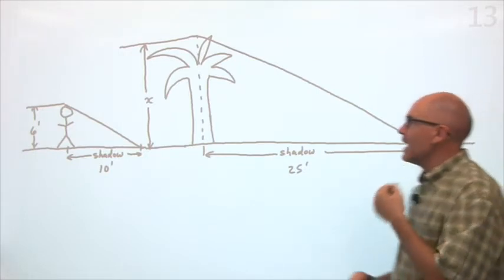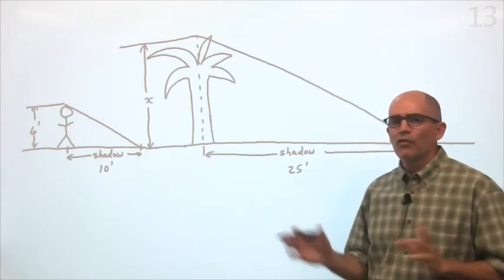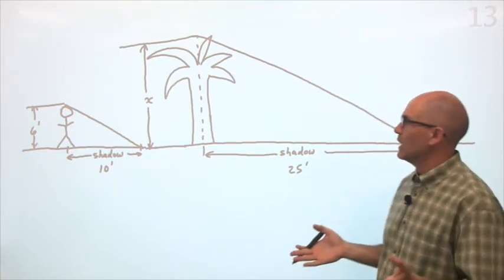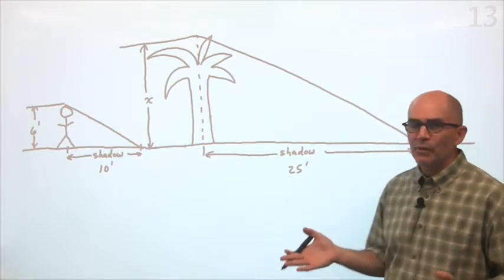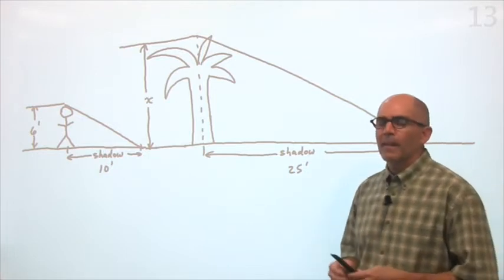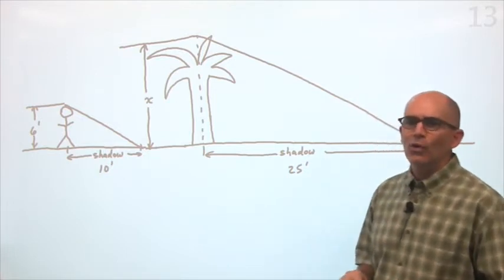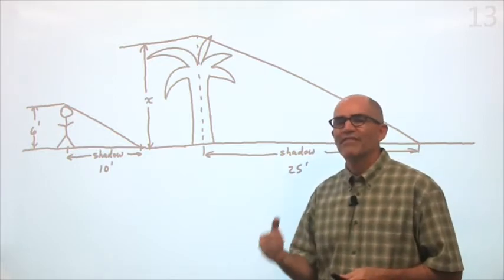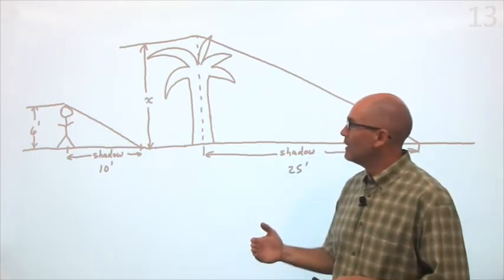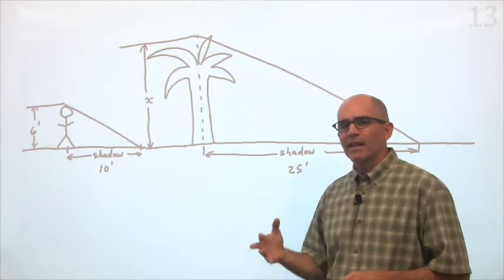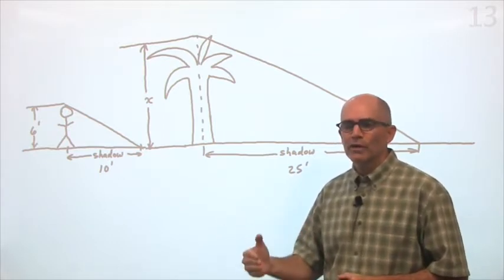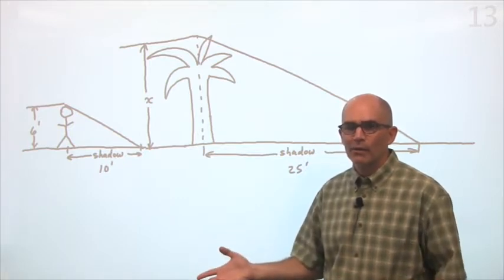Now, this seems like one of those goofy math problems in a math book that never actually is encountered in reality. But I have a friend who was head groundskeeper at Pomona Valley Hospital, and he was given the assignment to report all the heights of the trees on the grounds.